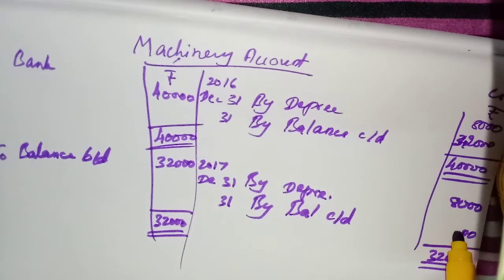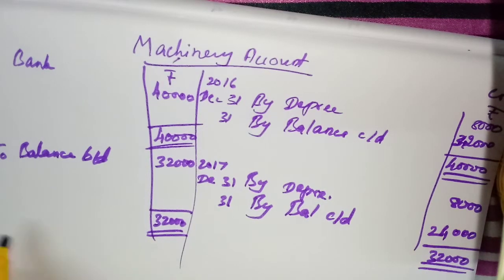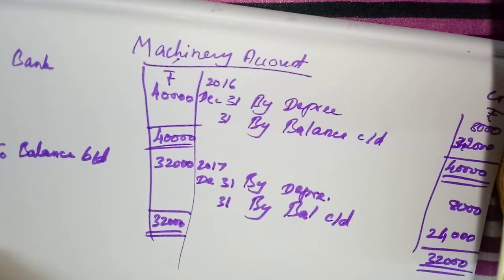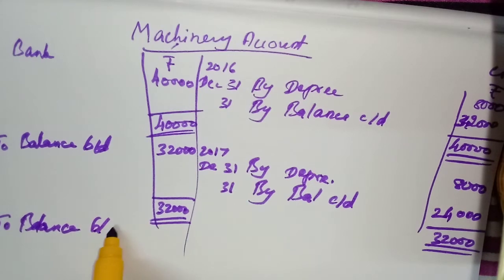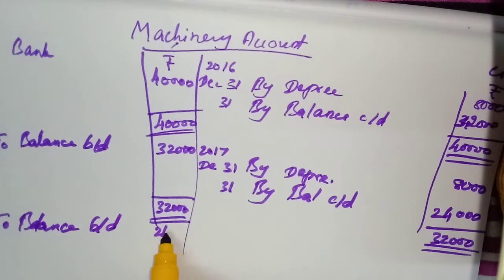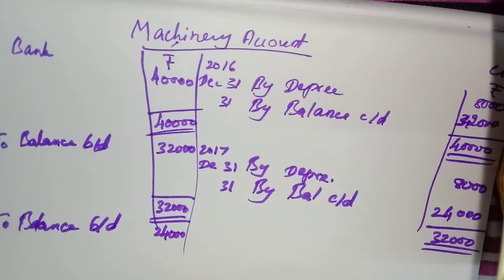Then 8 plus 32, total 40,000. Balance 24,000. Again on the next date, 2018 January 1, to balance brought down, 24,000. So only for 2 years they have asked. Then the 8th problem, you read.